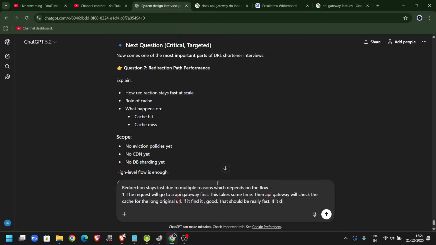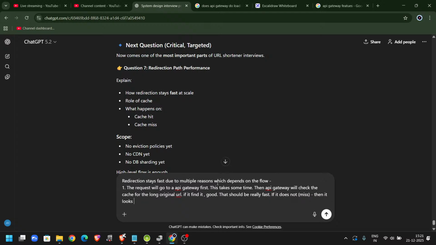If it does not, which is a cache miss, then it looks for the long URL in the database.